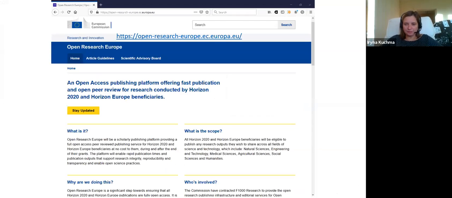So there are also interesting developments among funders, and these are funder publishing platforms. Open Research Europe is a funder publishing platform that is being launched by the European Commission.